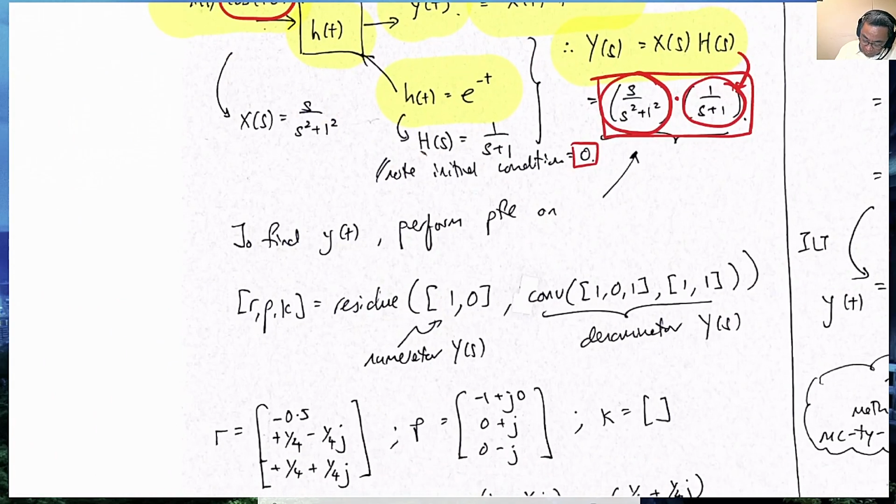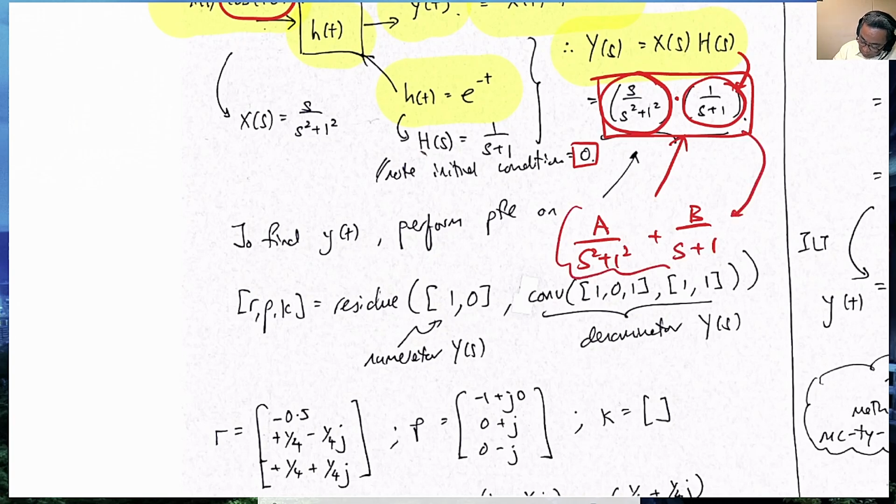Now we need to find something like a over s squared plus 1 plus b over s plus 1. This process is called the partial fraction expansion, and I know you have to do it by hand.